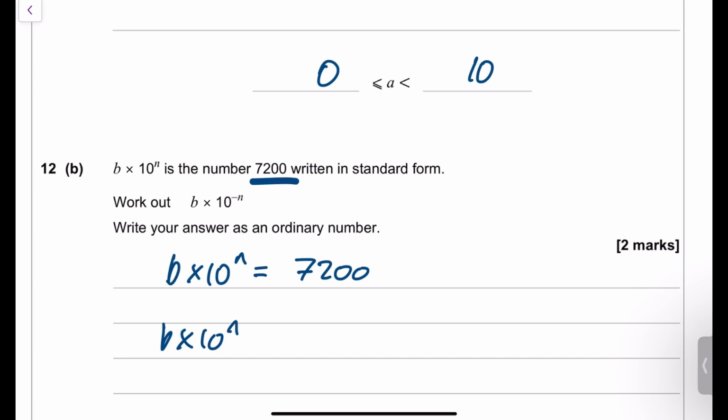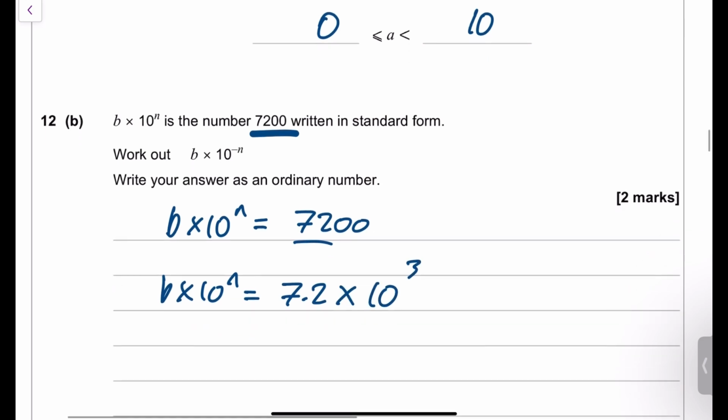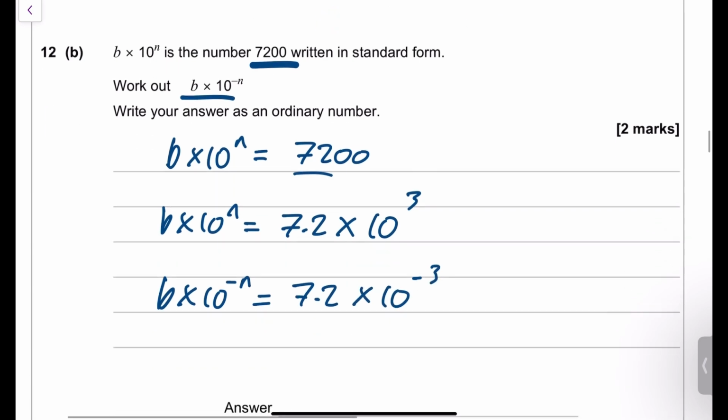That means it's the same as 7.2, making this a number between 1 and 10, times 10 to the power of 3. So B times 10 to the power of minus n would be equal to 7.2 times 10 to the minus 3.